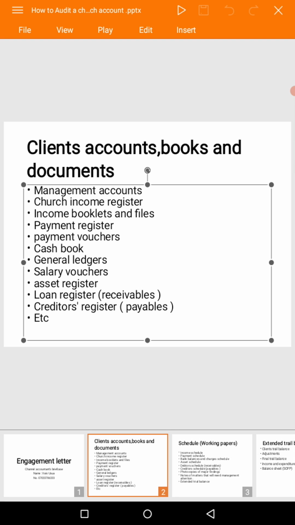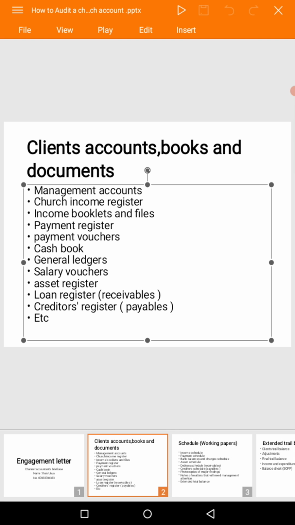And when there is no documentation for transactions, those are where issues come up. Those are where the auditor will have to bring it up for management discussion. Those are the issues that come up in the management letter, because there are some documentations that need to be done, and if it's not done, then it will be taken up in our notes.